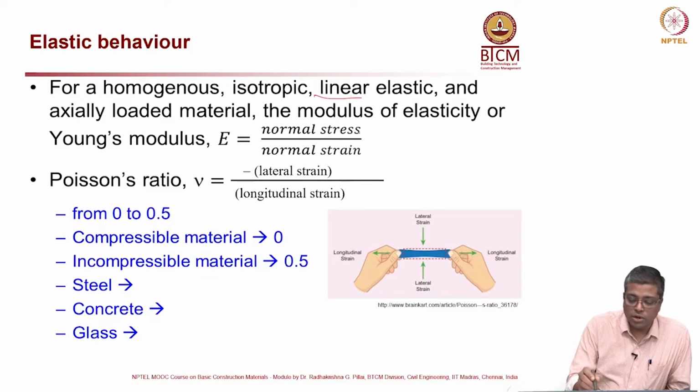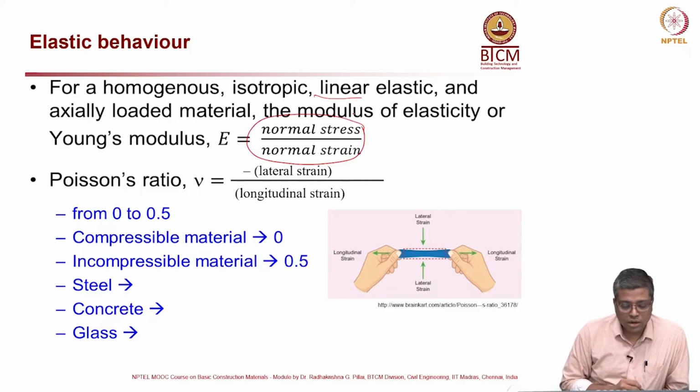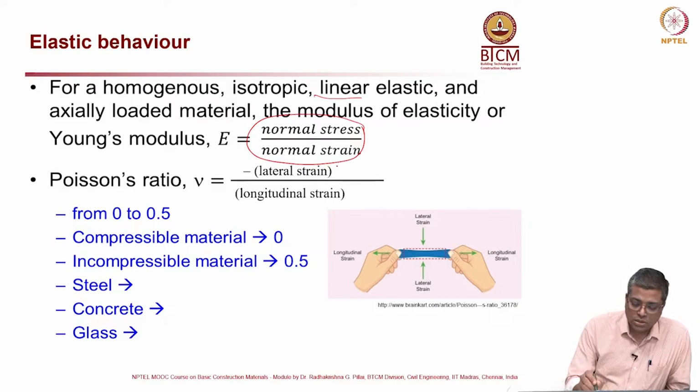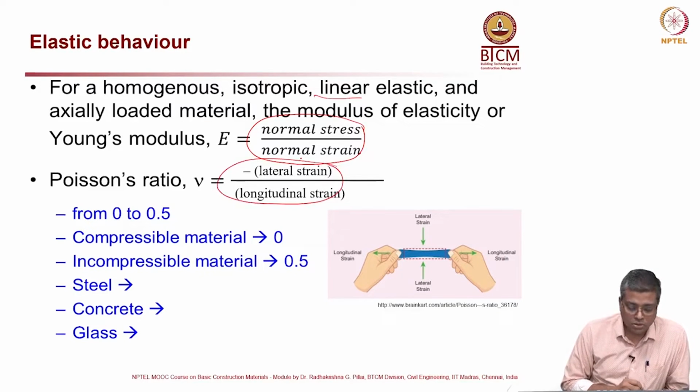The modulus can be defined as normal stress divided by normal strain. That is a material property. It does not change as a function of the cross section of the specimen which you use to test, and Poisson's ratio is negative of lateral strain divided by the longitudinal strain.